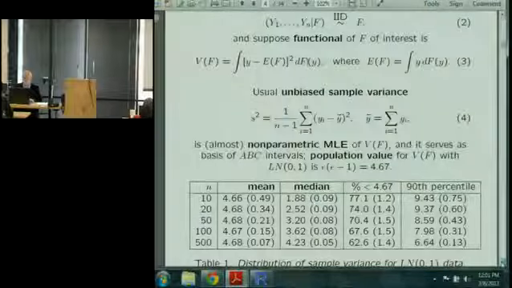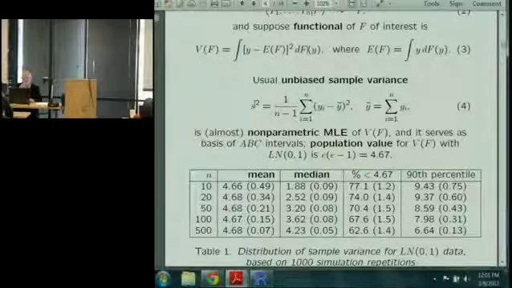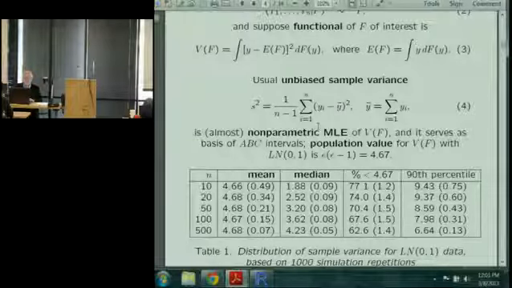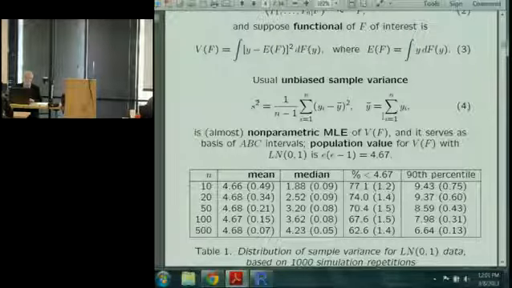So I calculate the sample mean, and I work out the sample variance from it. And it's almost the nonparametric MLE of that population variance. What you would get to get the nonparametric MLE would be to divide by n right here instead of n minus 1. And it serves as the basis of ABC intervals. You ought to be bootstrapping the sample variance if you want to learn about the population variance. That's what inference has to do.